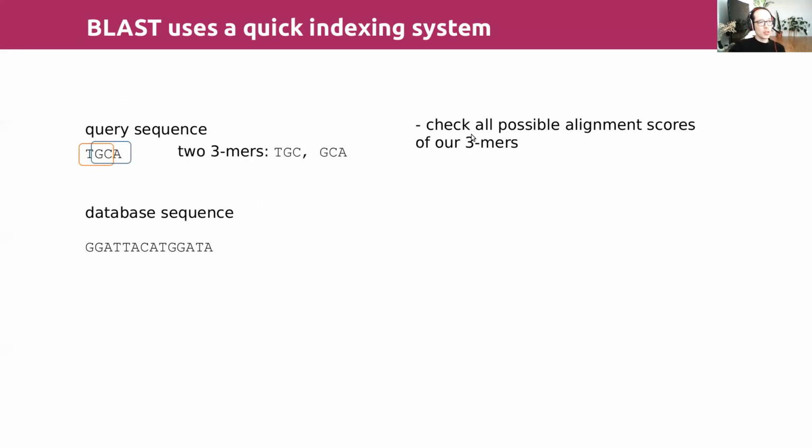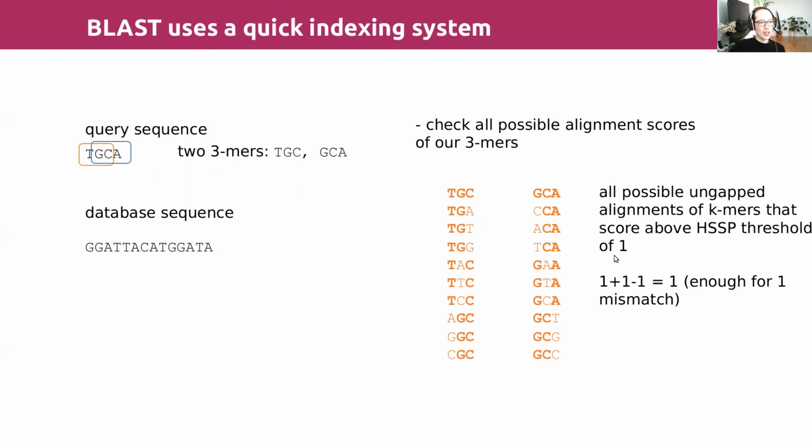And we are going to check all possible alignment scores of our 3-mers. So we took these ones, TGC and GCA, and we're going to find all possible other 3-mers out there that have this threshold.